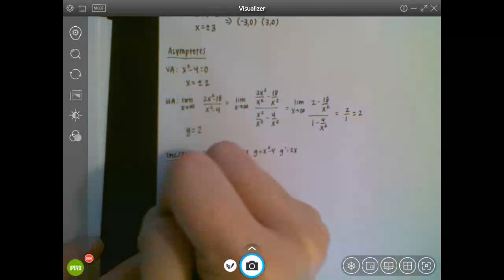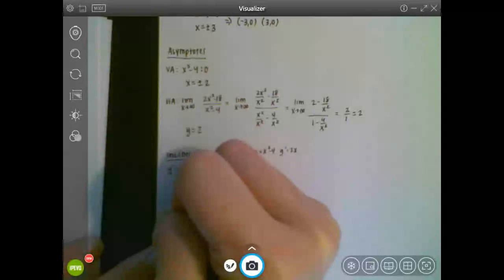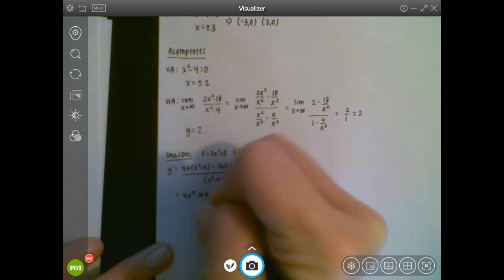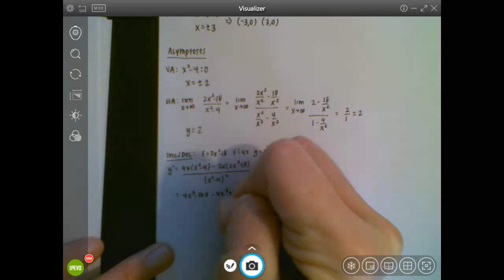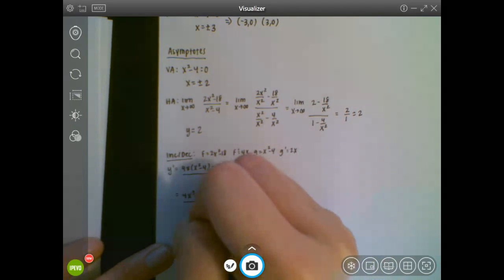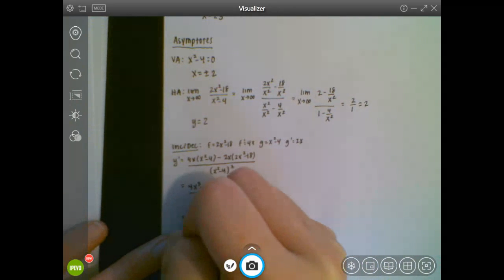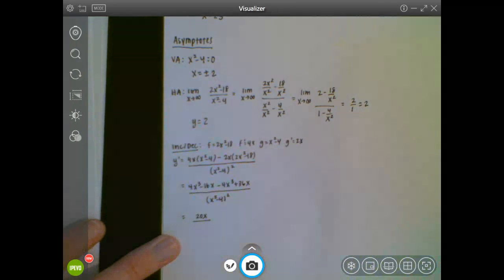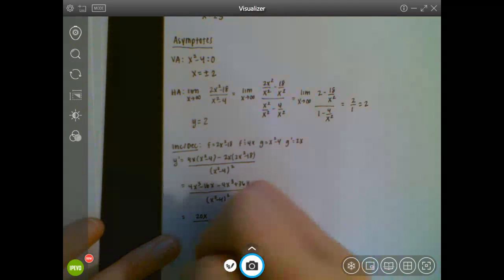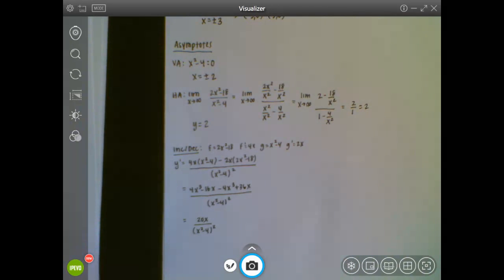I'm going to clean that up a little bit. So that'll give me 4x cubed minus 16x minus 4x cubed plus 36x all over that denominator. Which I believe just leaves me with a 20x in the numerator and then the x squared minus 4 squared in the denominator.